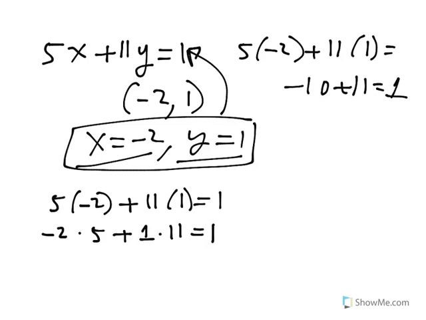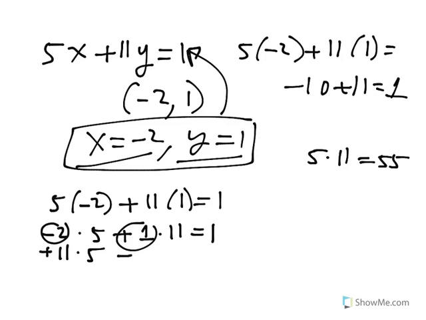And the trick is 5 times 11, which is 55, is like the magic number here. Since this one's negative 2, I'm going to add 55 to this term, but I'm going to write it as 11 times 5. And since this is positive 1, I'm going to subtract 55, but I'm going to write it as 5 times 11. And if you want, you could even say equals 0 there.